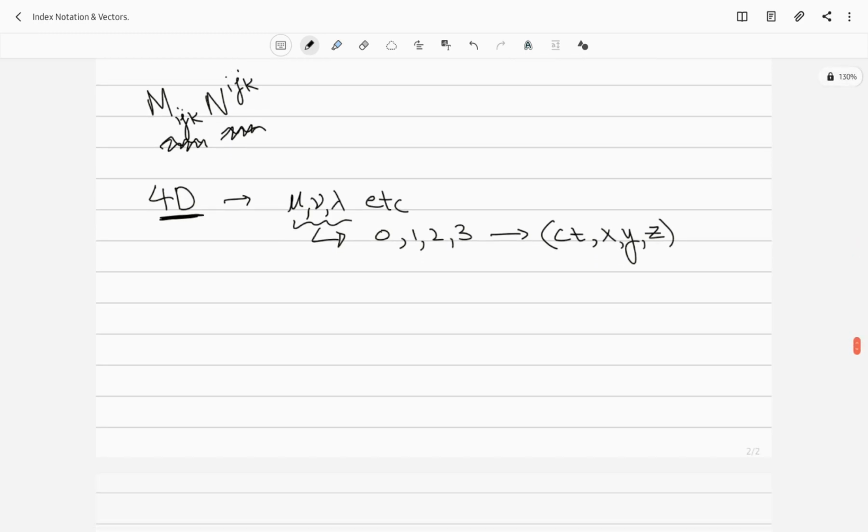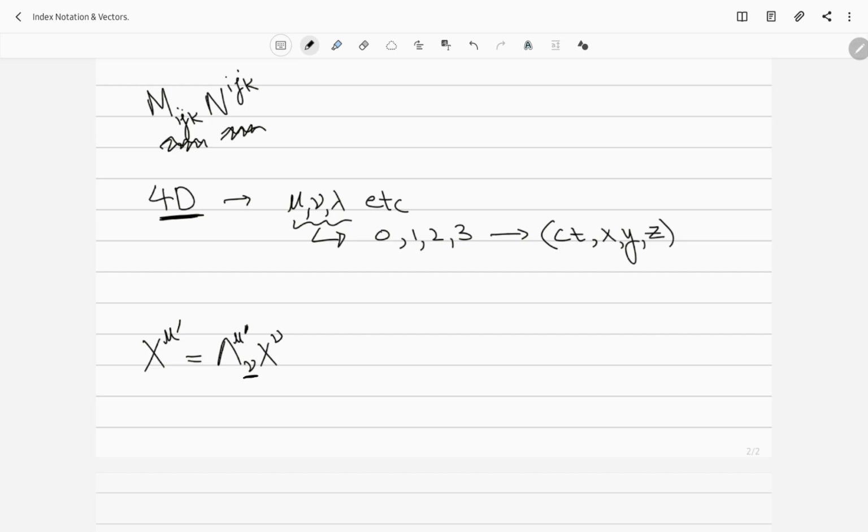For example, consider x^mu', which is simply a transformation of x^nu with this transformation object, that is Lambda^mu'_nu, times x^nu.